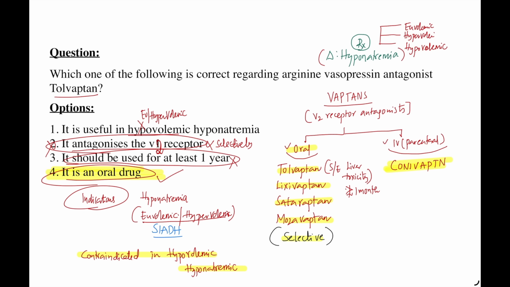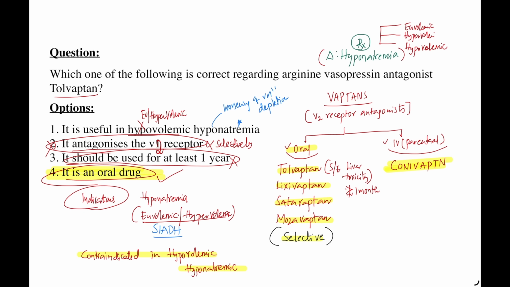Why are vaptans contraindicated in hypovolemic hyponatremia? Because when vaptans are given in hypovolemic hyponatremia, they cause worsening of volume depletion. Already there is dehydration, and on top of that there is worsening of the volume depletion because of the diuresis.